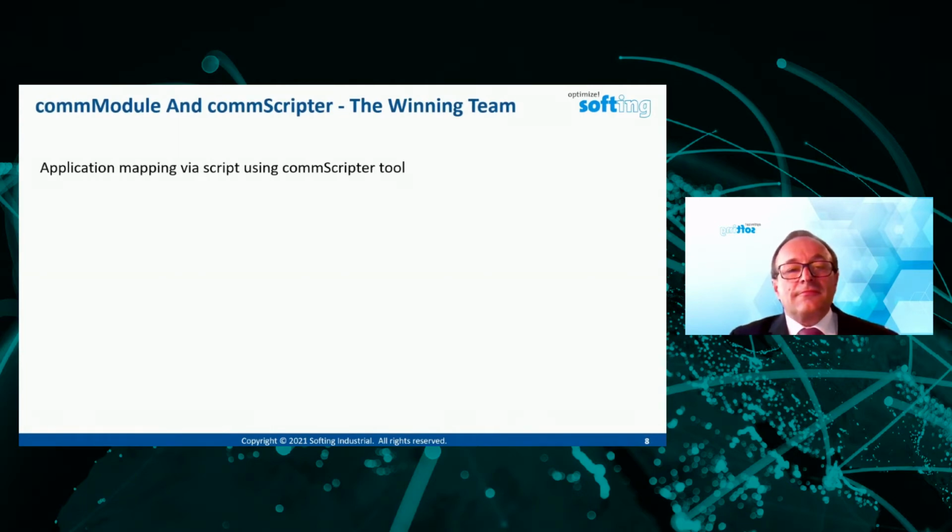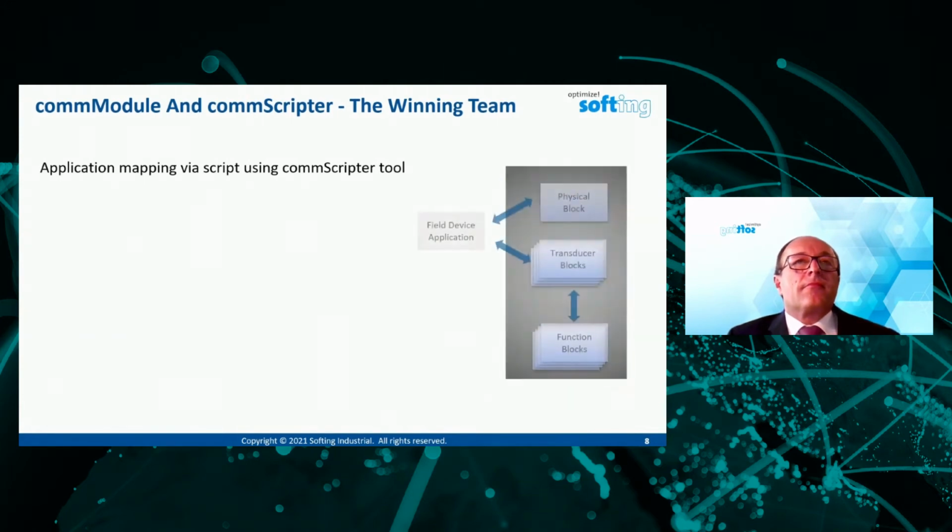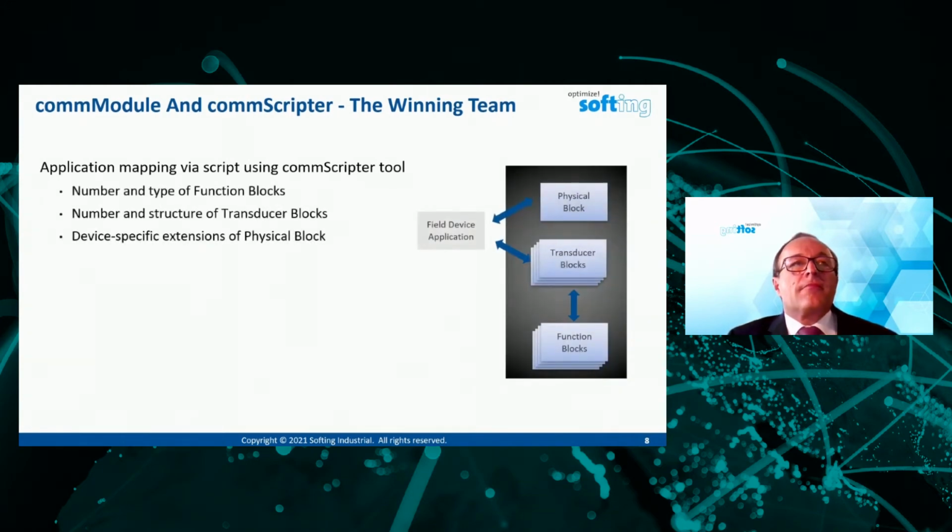Like we heard already, comModule APL is typically configured, not programmed. For this purpose, Softing provides comScripter, a scripting tool that helps you tailor the data model of your application. You can determine the number and types of function blocks to be used, as well as the number and structure of the transducer blocks.